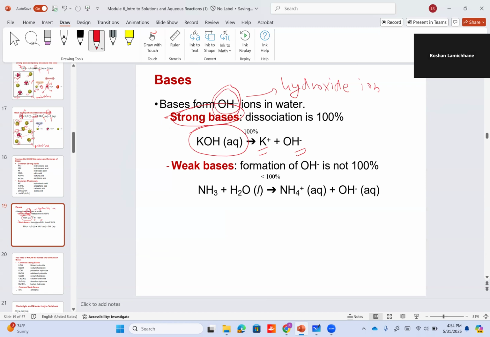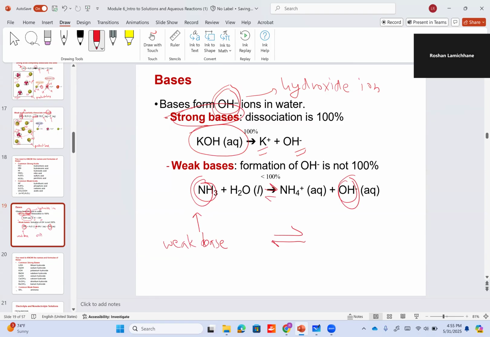Whereas if you have weak bases, ammonia is an example of a weak base. In the next slide, we do have a list. Again, the reaction will also produce OH minus. But what's going to happen is the ammonia has to react with water to furnish the OH minus. That's what weak bases do. And the other thing is, instead of this kind of arrow, I'm going to use the double-headed arrow, like this, right?